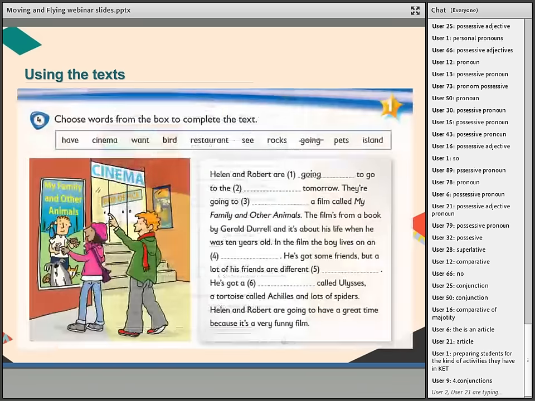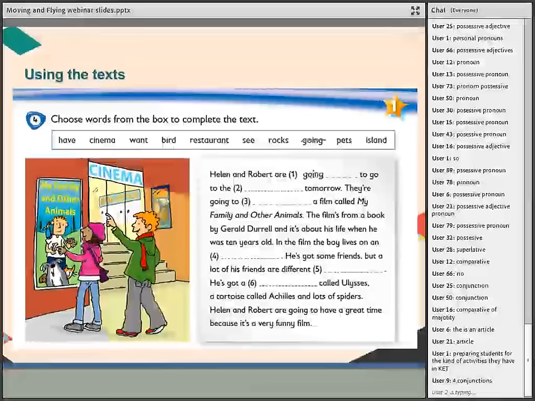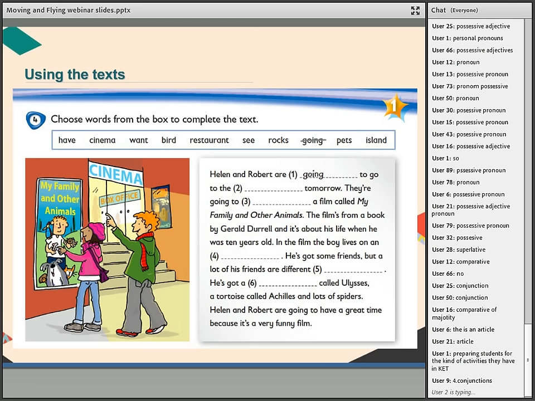Now let's look at a story. Okay, so again, this is taken from Kids Box 6. And in this case, students have to fit the words from the word box at the top into the text.